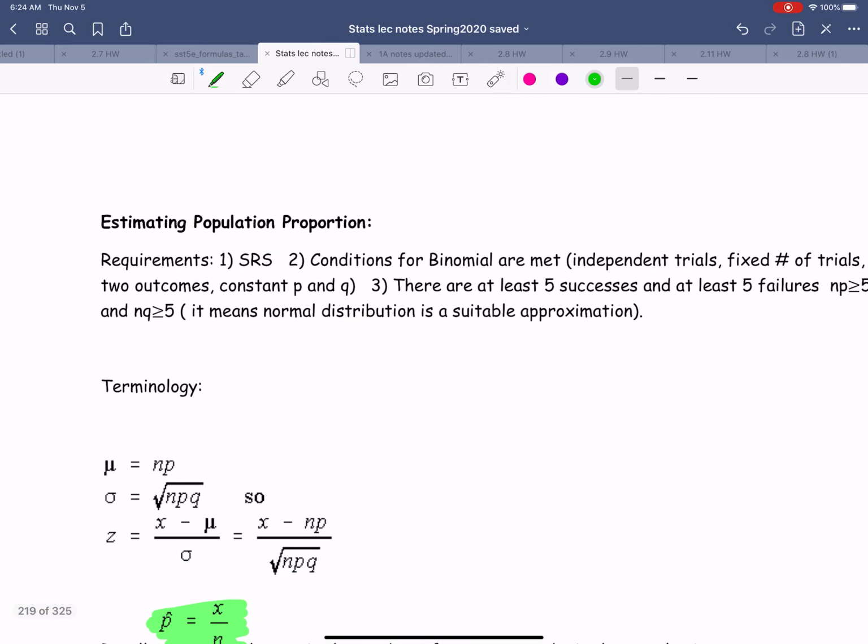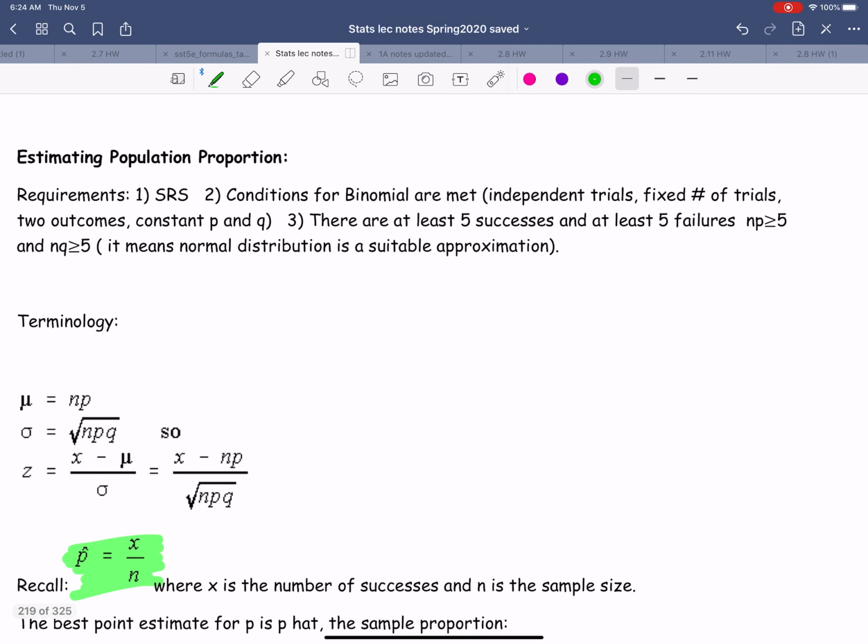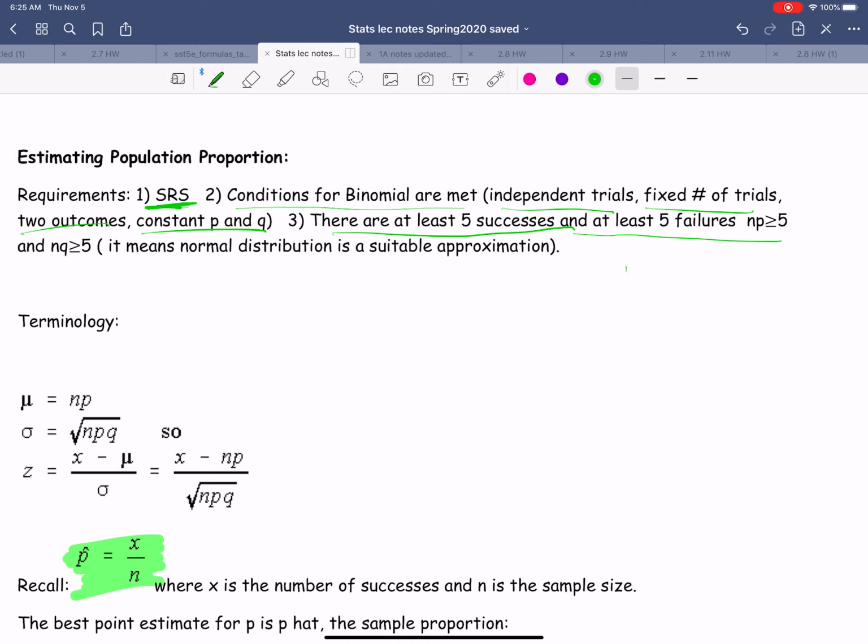So estimating a population proportion, there's a few conditions, requirements: simple random sample, conditions for binomial should be met. We should have independent trials, fixed number of trials, 2 possible outcomes, constant P and Q. There's at least 5 successes and 5 failures, so NP has to be greater than 5 and then NQ has to be greater than 5.